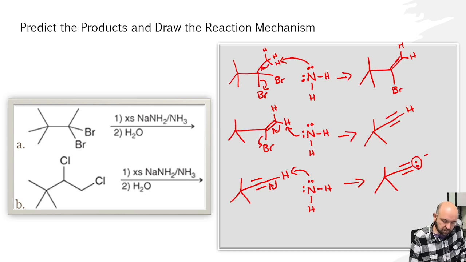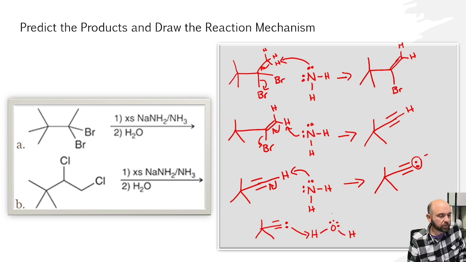And then finally, to reprotonate, water is added. We will remove one of the protons from water, leaving a lone pair with the oxygen, giving us our reprotonated species.